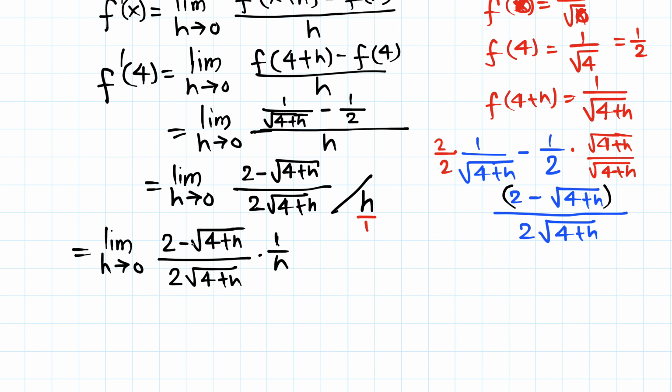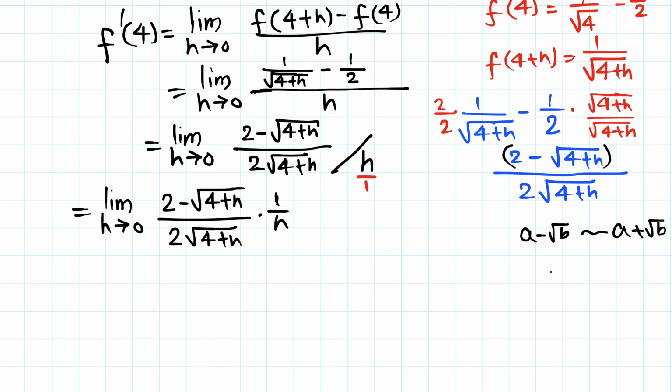Due to this radical sign, the only way to simplify is by multiplying by its conjugate. So we know that when we have a minus root b, the conjugate would be a plus root b. Then when we multiply by this, we can get rid of this square root. Okay, that's what we're going to do here.